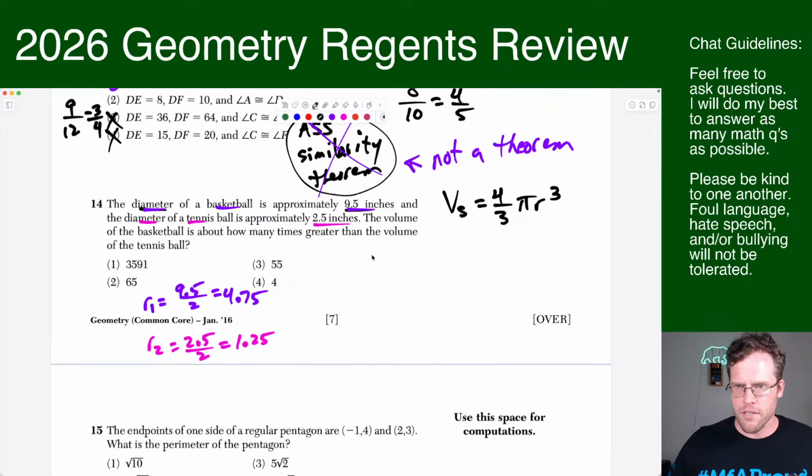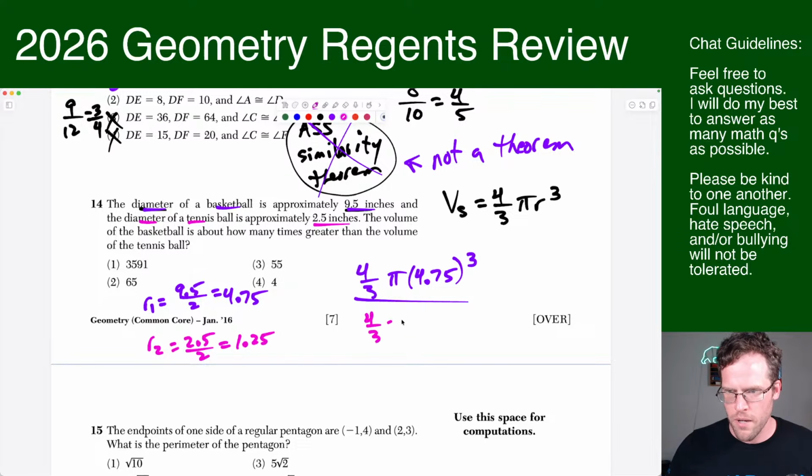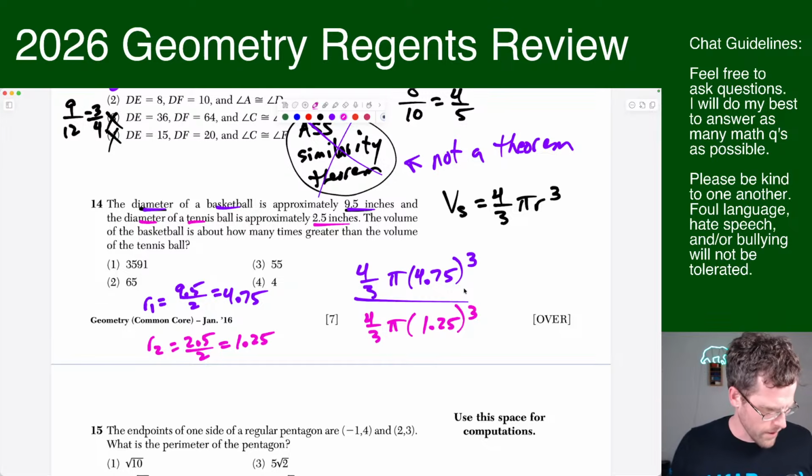So the basketball volume is going to be 4/3 pi times 4.75 cubed, divided by 4/3 pi times 1.25 cubed. Like this. All right, now we just work this out.